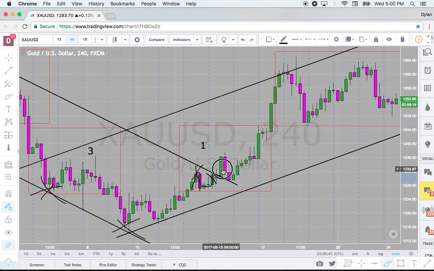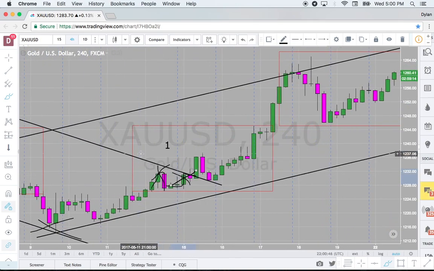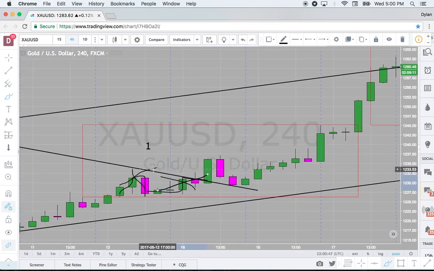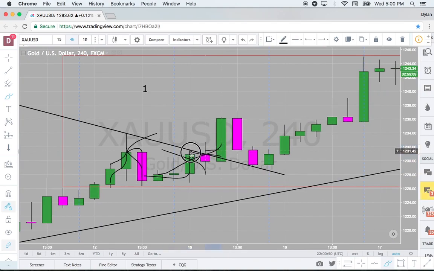Retail traders start selling here, and then what happens? Any retail traders that sold here, I'm sure, had their stop losses right above this high. So in this general area, what happens? One bar comes up to hit the stop losses, takes them out. And then what happens next?